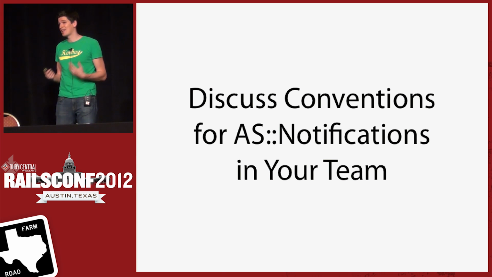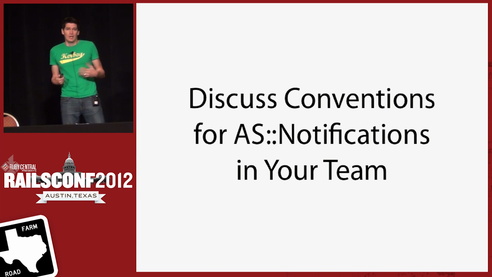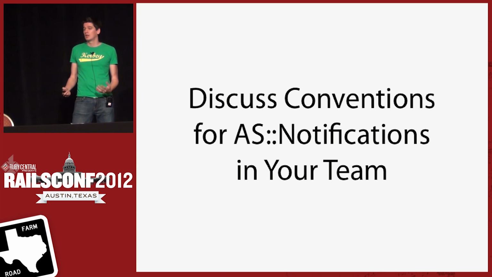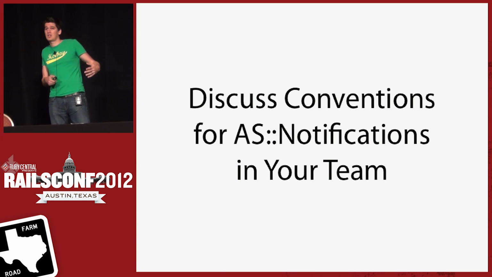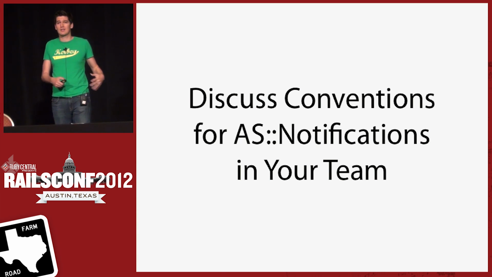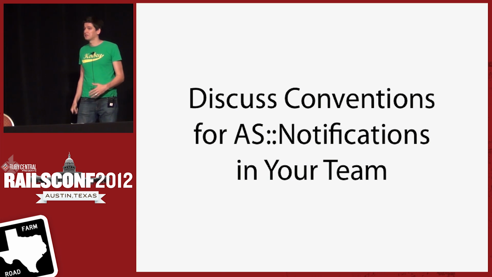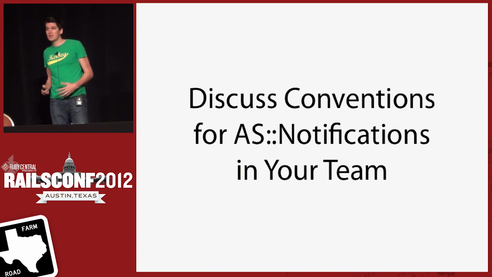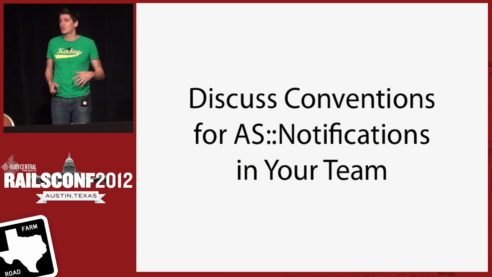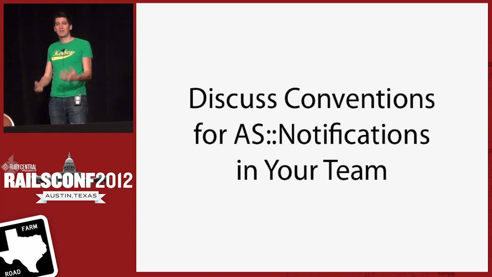A couple things that I would propose that I think are just good measures in general are, consider putting most of your subscribers in initializers, right? You want to set all that stuff up at the beginning of your application and not touch it anyway. So pick some places where the team knows that stuff is going to live. Another thing I think you don't want to do is mix logic that has to do with serving client needs with logic that has to do with your own notification and monitoring needs.